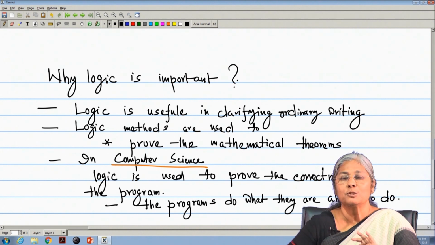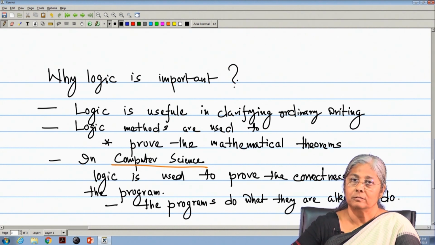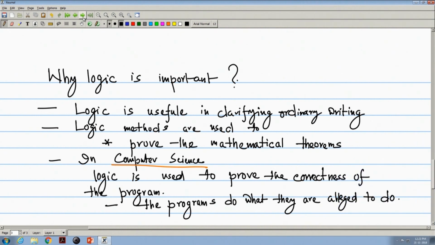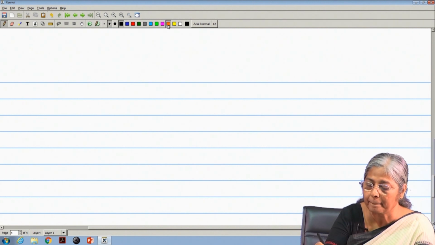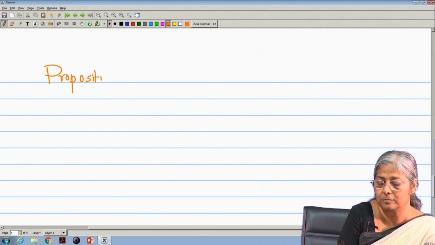So, with this small introduction, now we start propositional logic. First, we define the propositions.